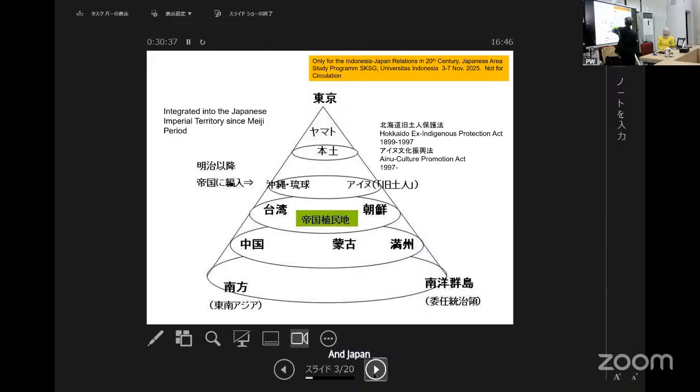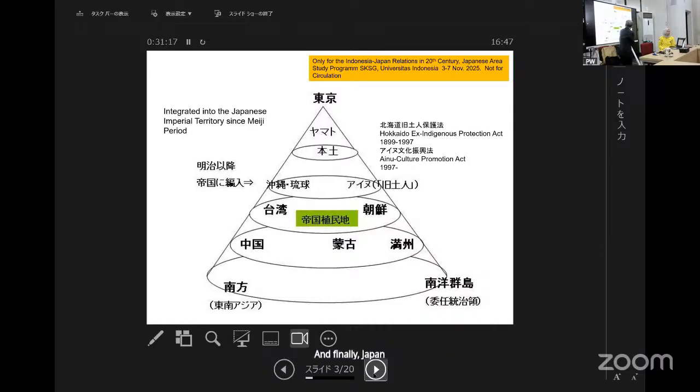And Japan formally integrated Taiwan, Formosa, and Korea. This is the imperial colony of the Japanese. And later, gradually expanding into the Chinese continent, Manchuria and Mongolia and China, occupied the territory of wartime China.